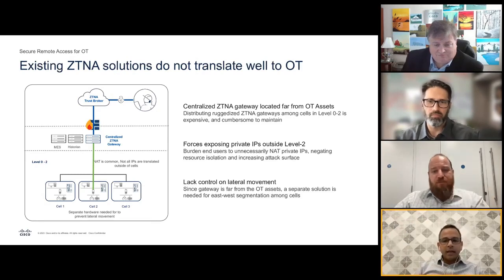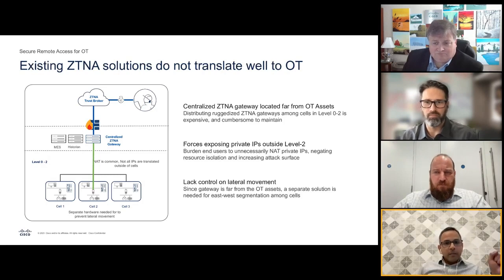Most customers end up putting this gateway in a centralized location, mainly to avoid the challenges we spoke about in terms of having to distribute these gateways out closer to the assets, be it in manufacturing under one roof, or in transportation or some other vertical, distributed across large sites. So there's a cost involved there, and to make up for that cost, generally the gateway gets centralized.